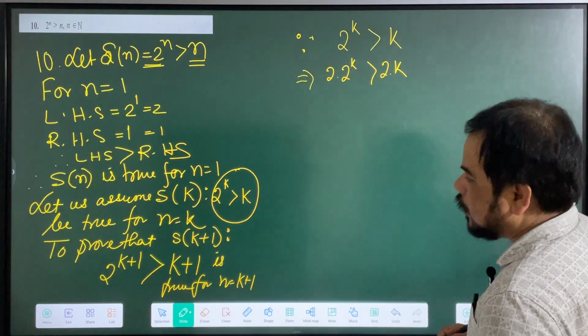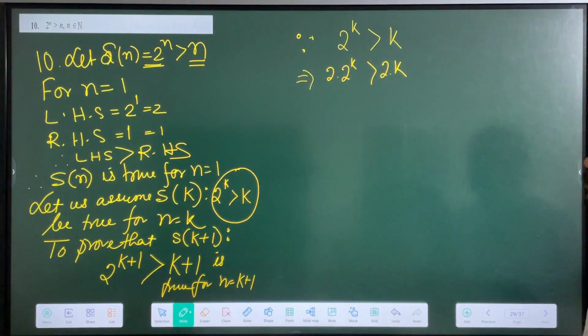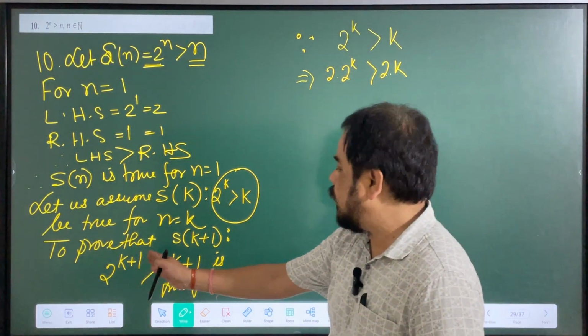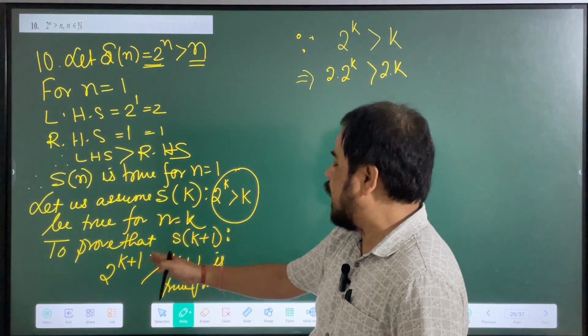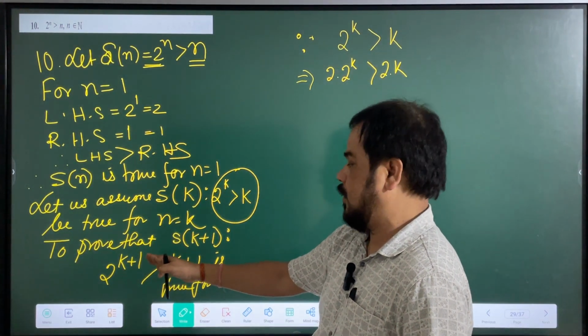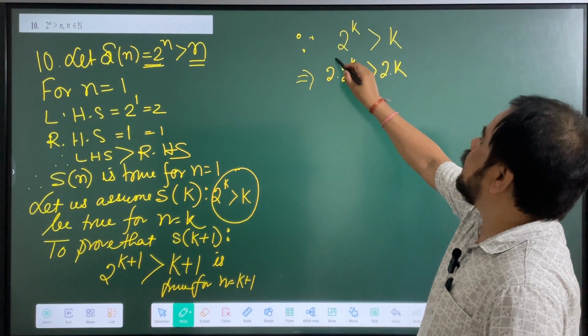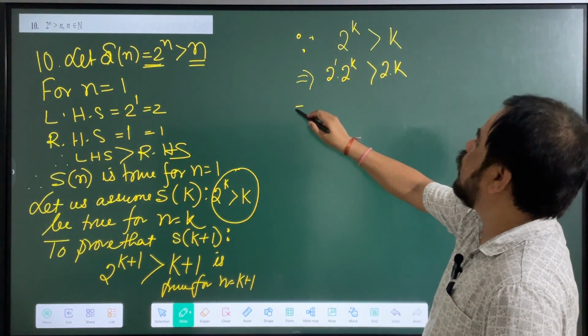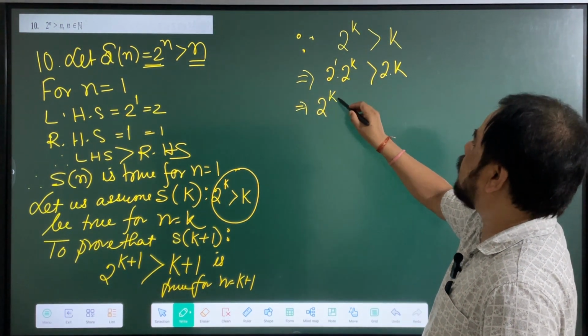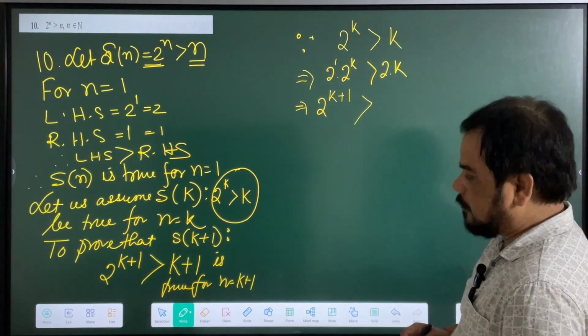Why have we multiplied both sides by 2? Because we have to prove 2 to the power k+1. 2 to the power k is there, and if there is one more factor of 2, then only we will get 2 to the power k+1. I hope you understand.